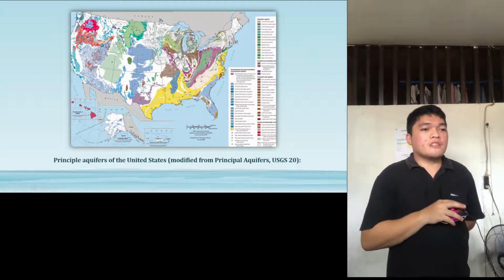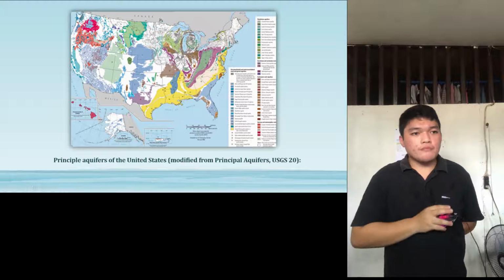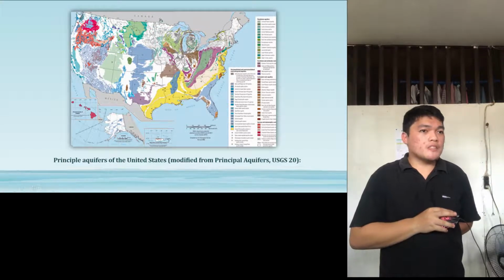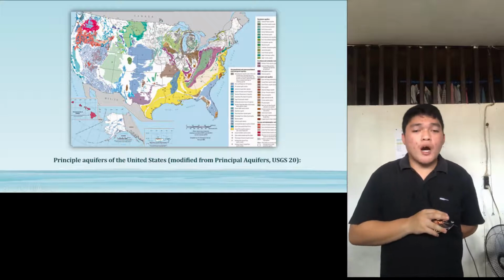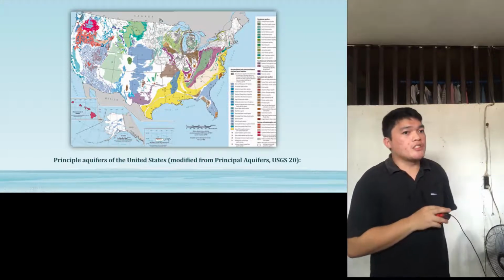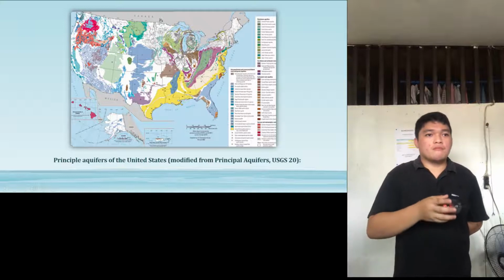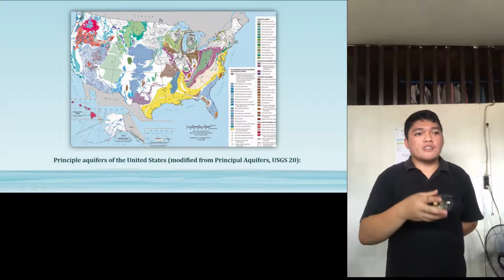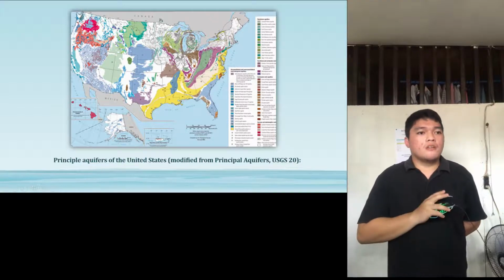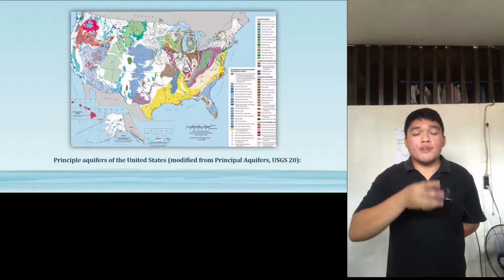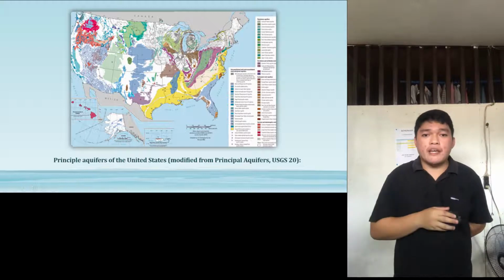This is an example of mapping in the US. This is where you will know where the swamps, the lakes, the rivers are located, and by this it will easily help us in investigating the subsurface resource that we want to investigate.